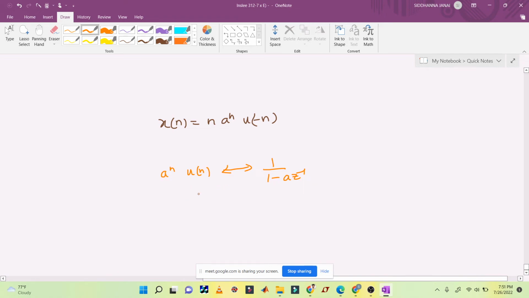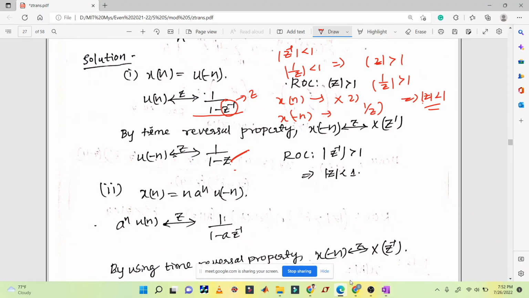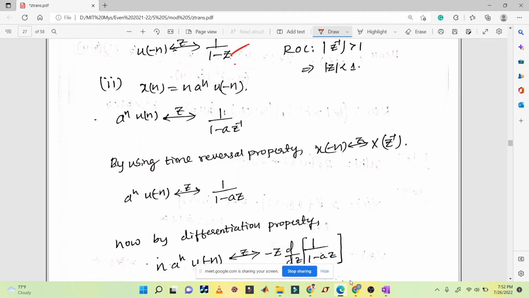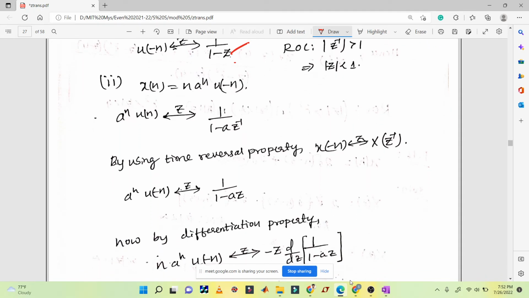Now a to the power n u of minus n, so x of n we have replaced by minus n. So wherever z is there, I have to replace it by 1 by z.